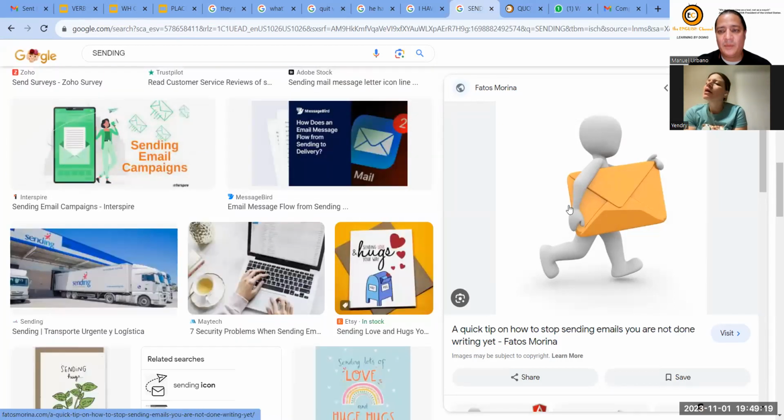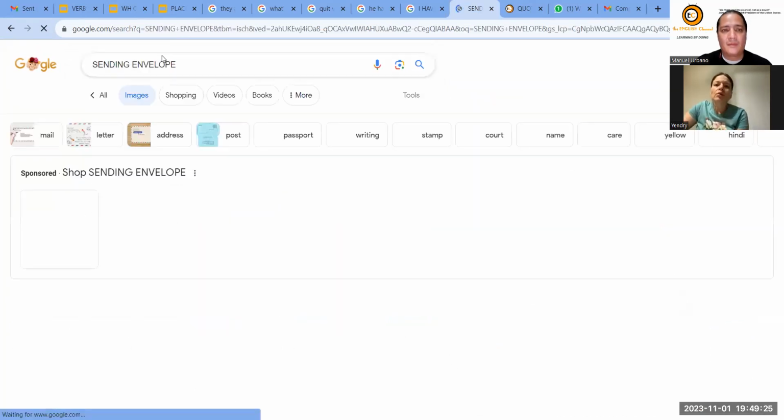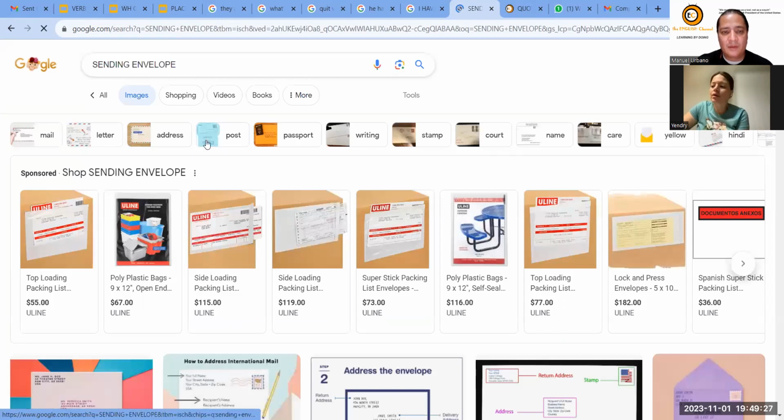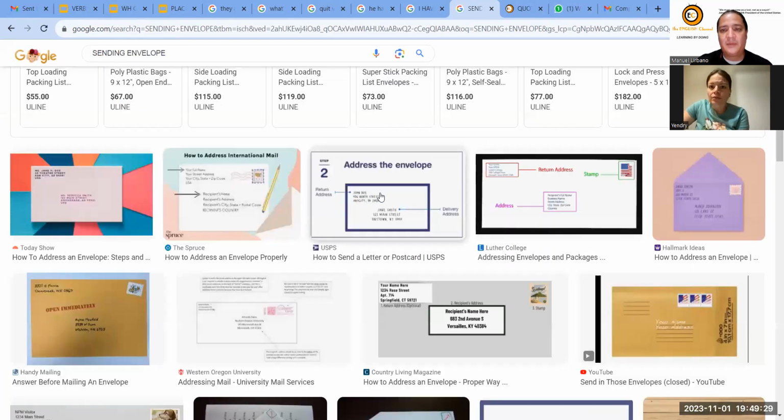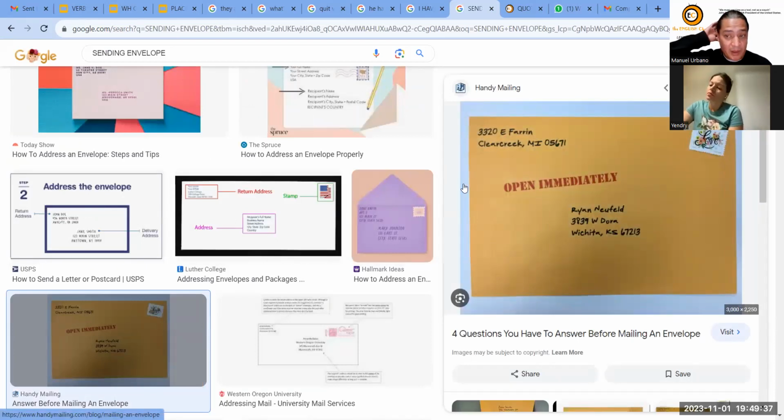Envelope. You can send a bill in an envelope. You can send a letter in an envelope. You can send pictures in an envelope, all those things. All right? Okay, very good. Envelope.